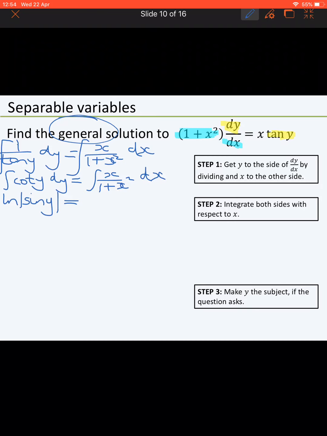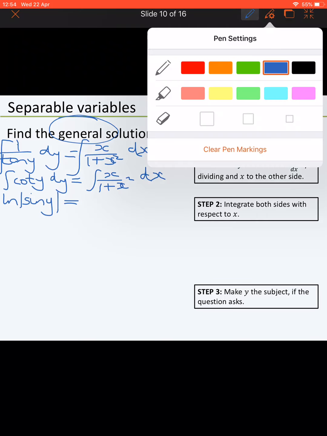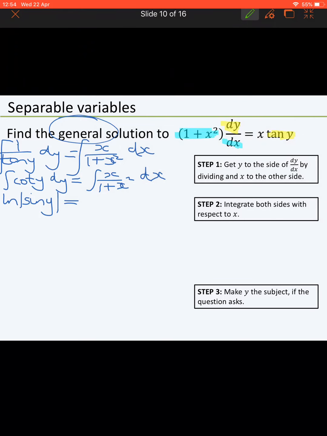So this is an example of when we're using that standard rule we learned, where you've got the differentiated expression on the top and then you've got the function on the bottom. These were our reverse of the chain rule ones. And we found out that essentially it's ln of the bottom plus your c, of course.